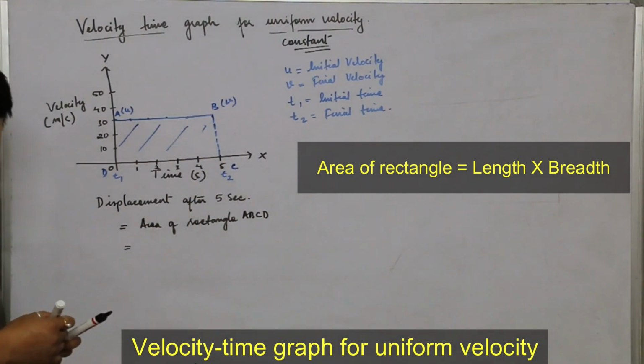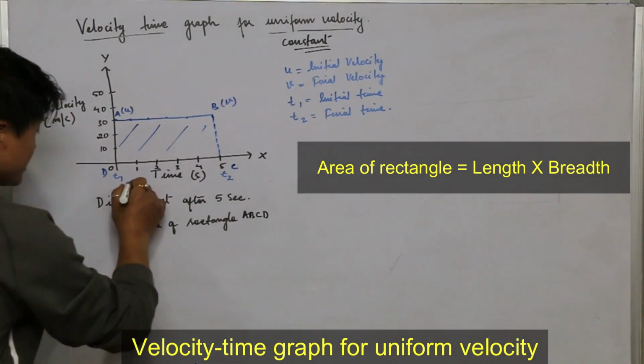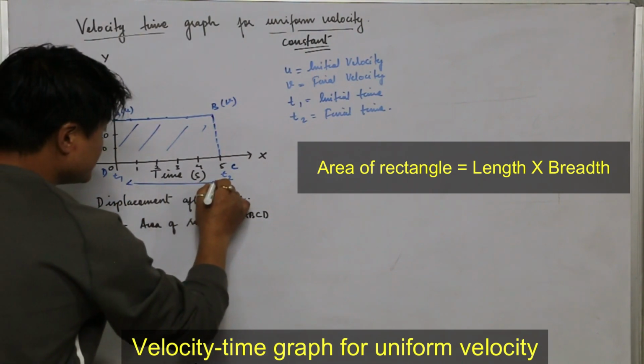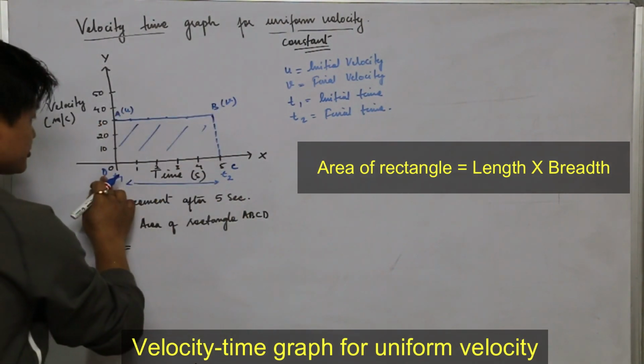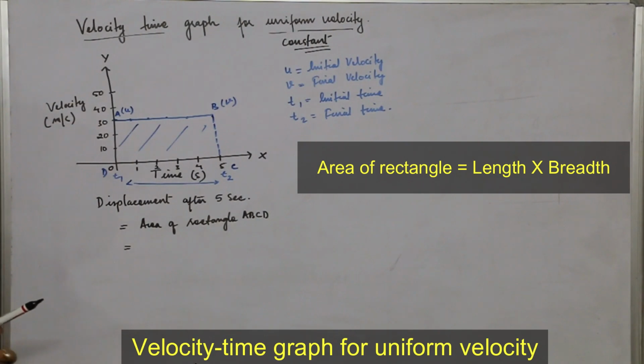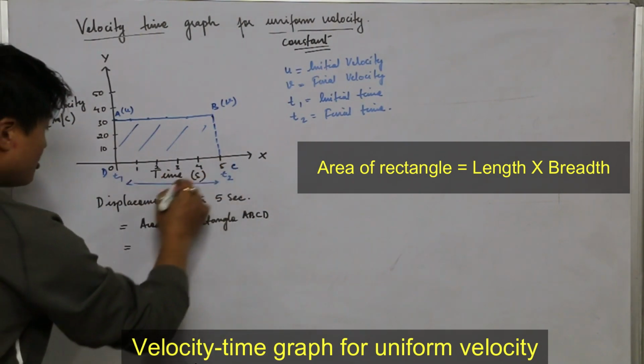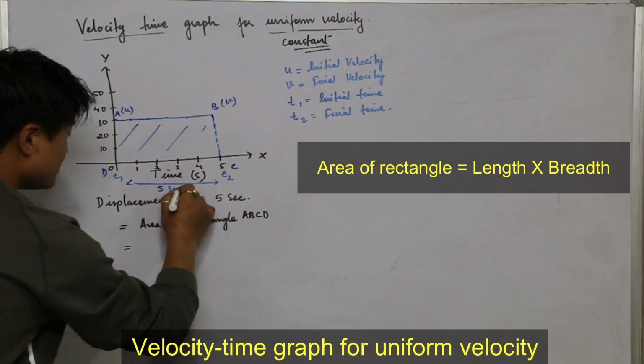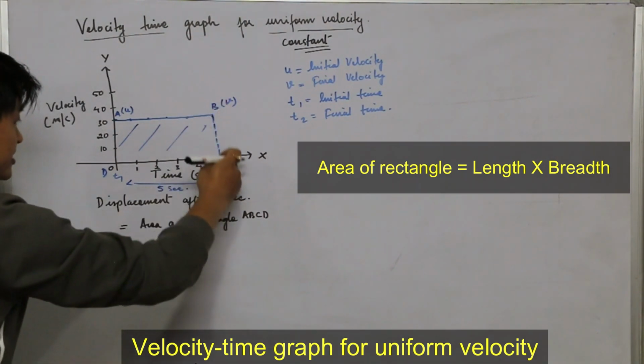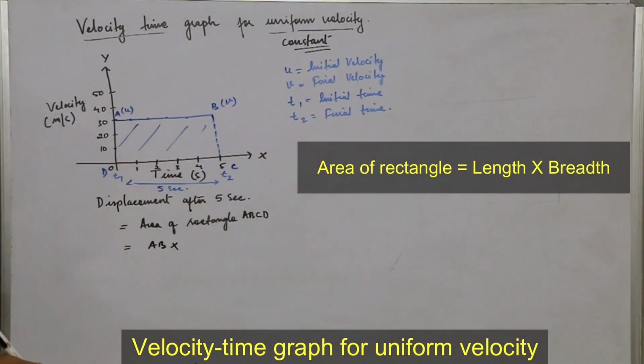Area is length into breadth. If you see here, AB is equal to DC, which is the length. So how much is this length? 5 seconds. AB into breadth, which we consider as BC, and AD is the same.